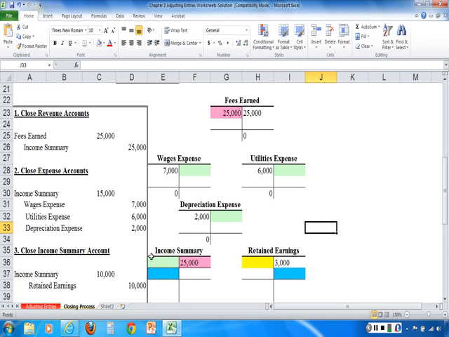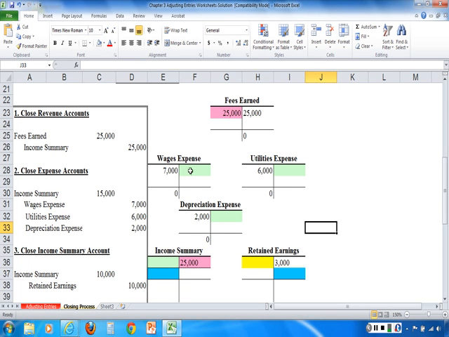So the closing journal entry would be a debit to income summary for the total amount of all the expense accounts, but I would individually close out each expense account. So I would credit wages expense for 7, utilities expense for 6, depreciation expense for 2, and the total of all this comes to $15,000, and I would debit income summary for that.